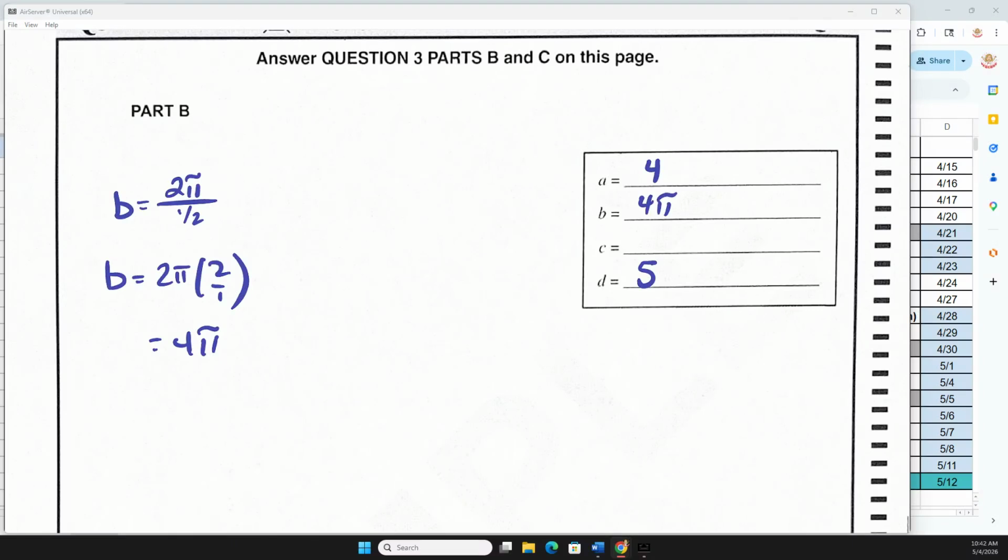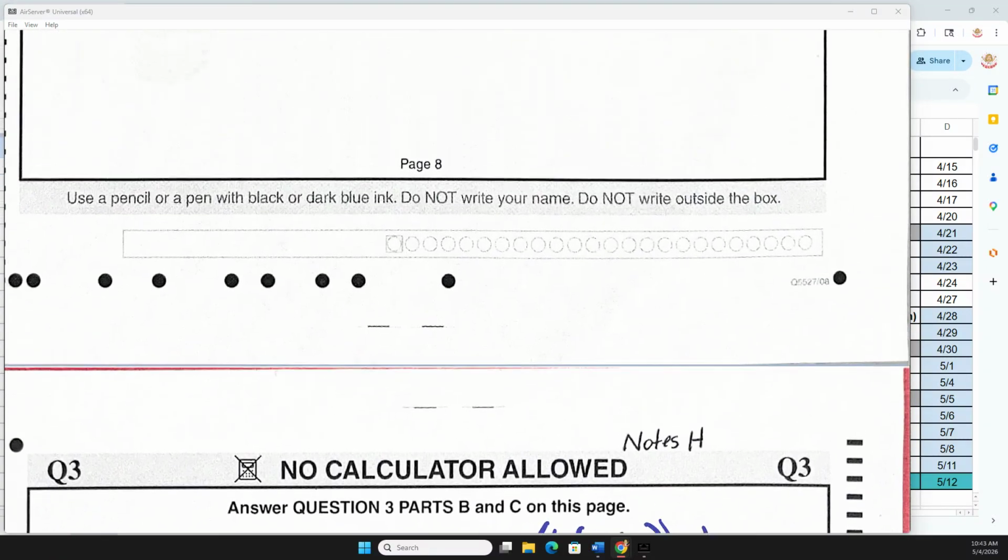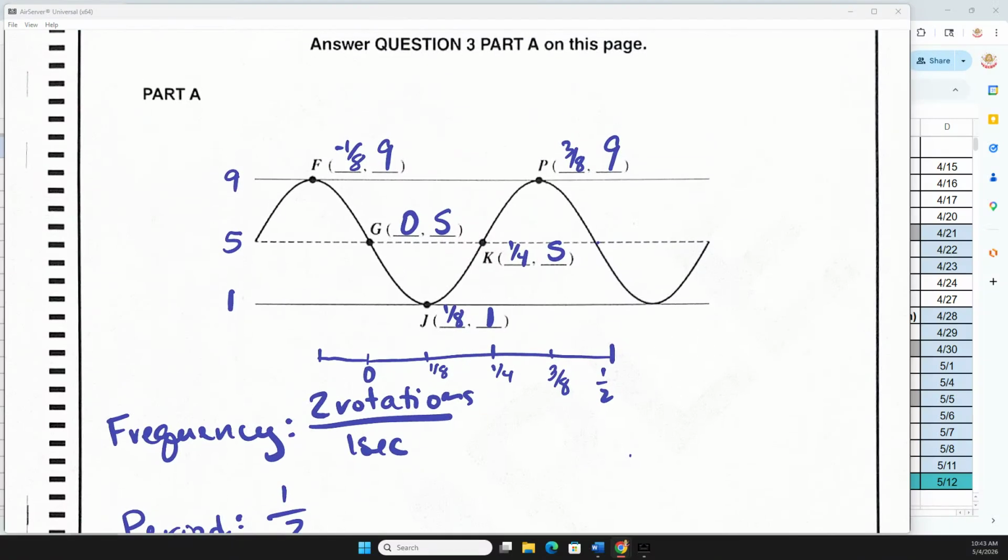Okay, I didn't point this out, and I should have, because I really want you to look at it every time when you go to do B. This one we're doing cosine. So when we're doing cosine, we look at F, and we do the opposite of this number.